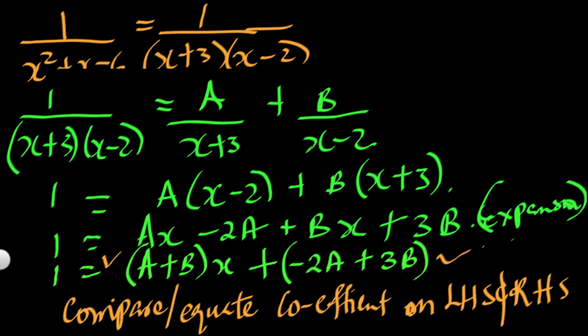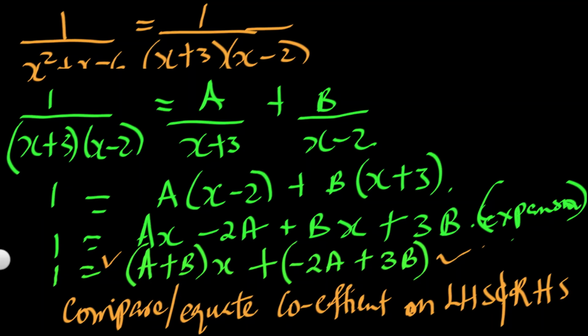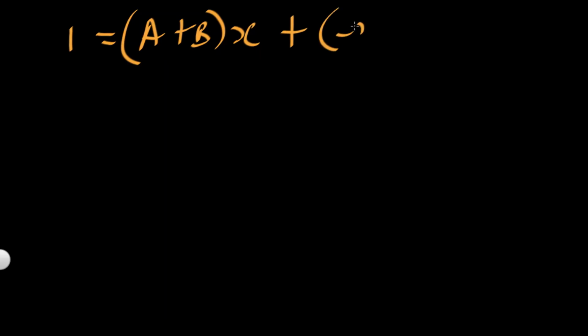So we're going to start here. So we have 1 is equals to a plus b x plus minus 2a plus 3b. This is what we have. So compare.